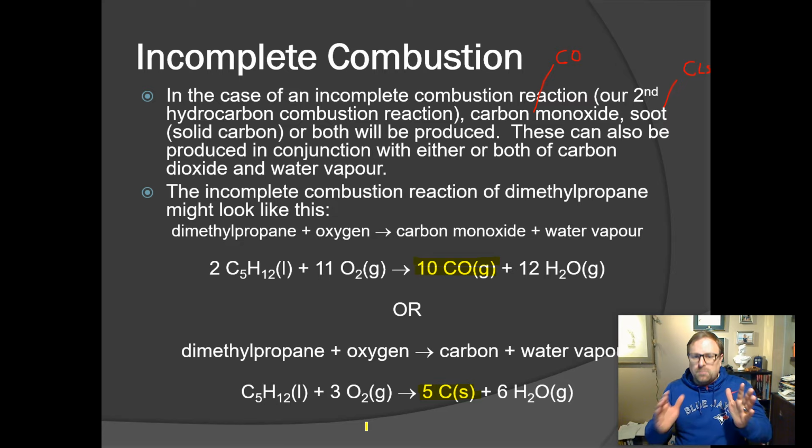Complete combustion, if you see carbon dioxide being produced, you know you have a complete combustion reaction. If you see carbon monoxide, or pure carbon or soot, then we know we're dealing with an incomplete combustion reaction. I hope that makes sense.